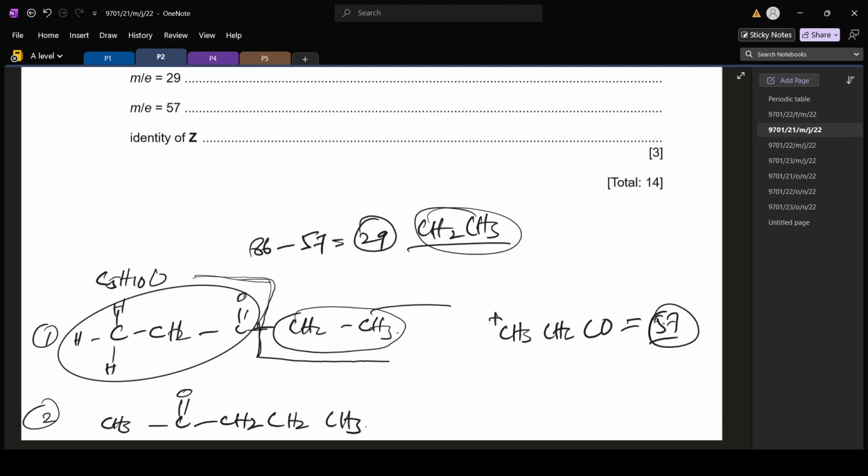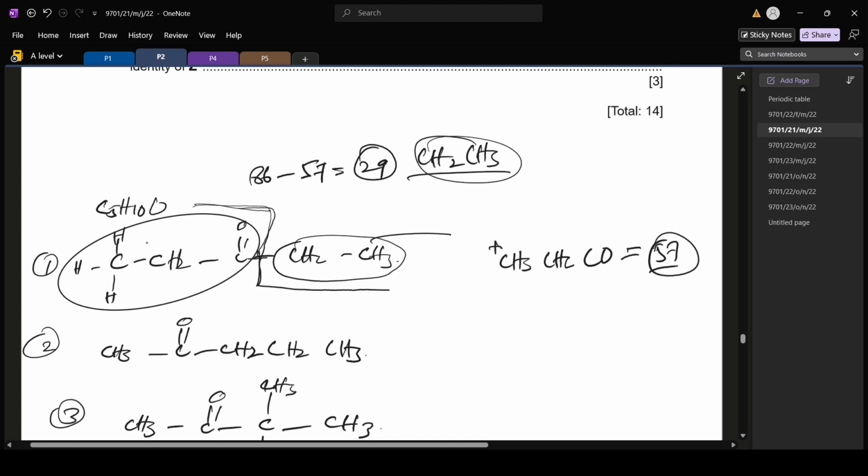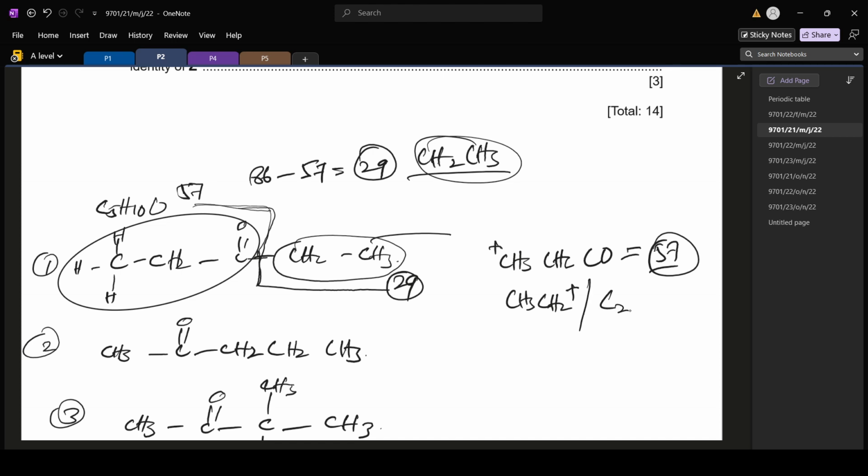So the peak at 57 is due to this fragment. And then if you eliminate 57, you will get a peak at 29. So the peak at 29 is due to the ethyl ion. Okay, this is the ethyl group, so you can write it as C2H5 plus.